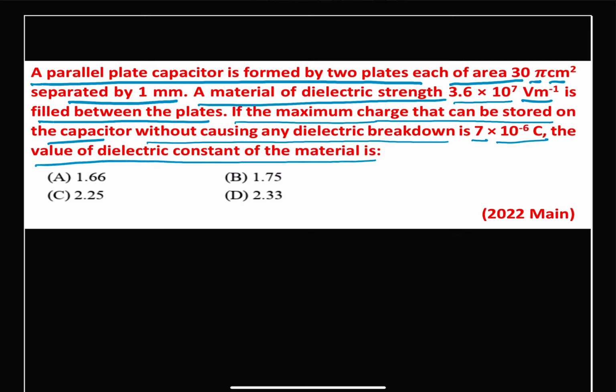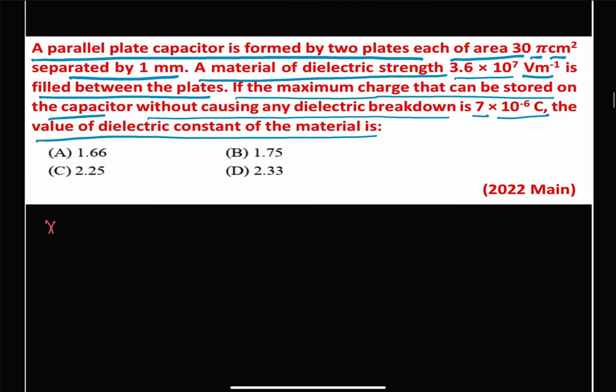So we are given that dielectric strength is given to us, which is nothing but our maximum value of the electric field, and the value of maximum charge is given to us. So from here we can find out our maximum voltage.